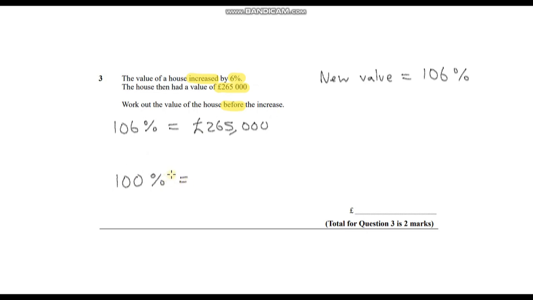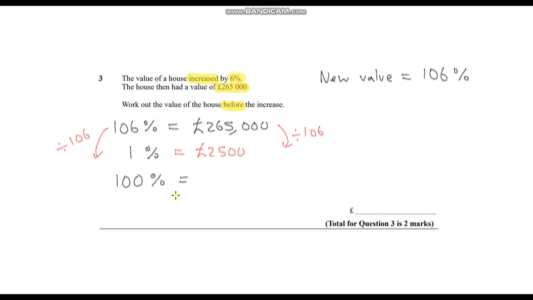There's a few ways you could do this. The way I like to do it is, first of all, find 1%. To work out what 1% is, we divide both sides by 106. So 265,000 divided by 106 gives us £2,500.